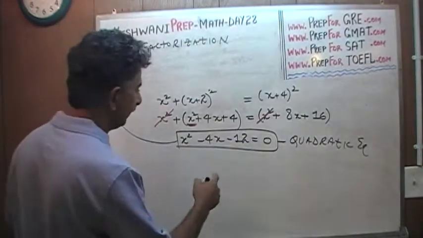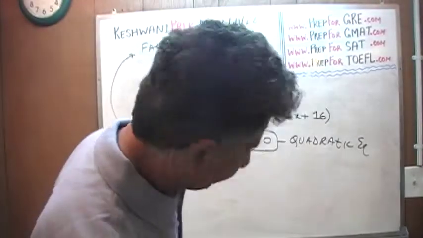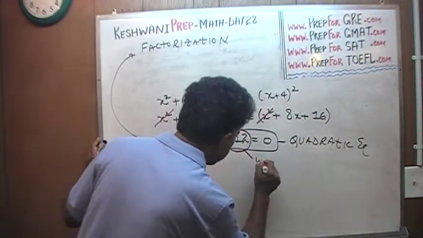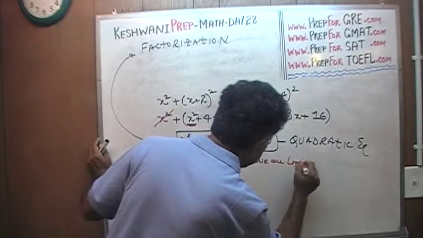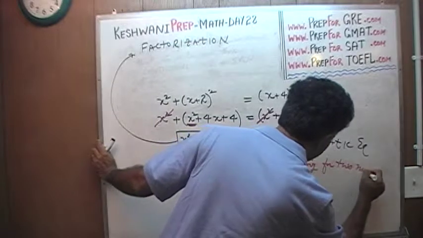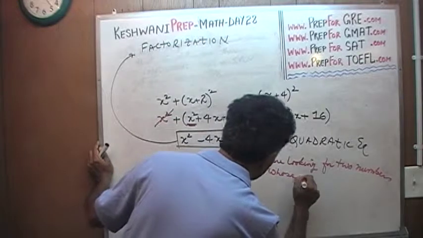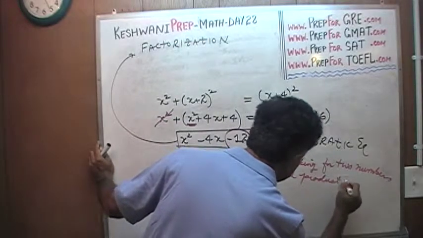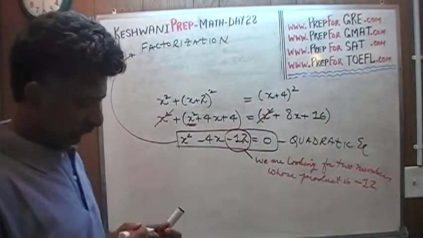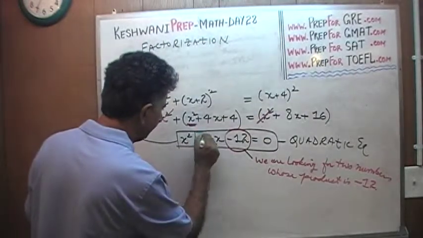And the way we do that is that we are looking for two numbers. I'm going to write as I speak here. This part tells us that we are looking for two numbers whose product is -12. When we multiply them, we have to get -12. And this part tells us that we're looking for two numbers, the same two numbers obviously.